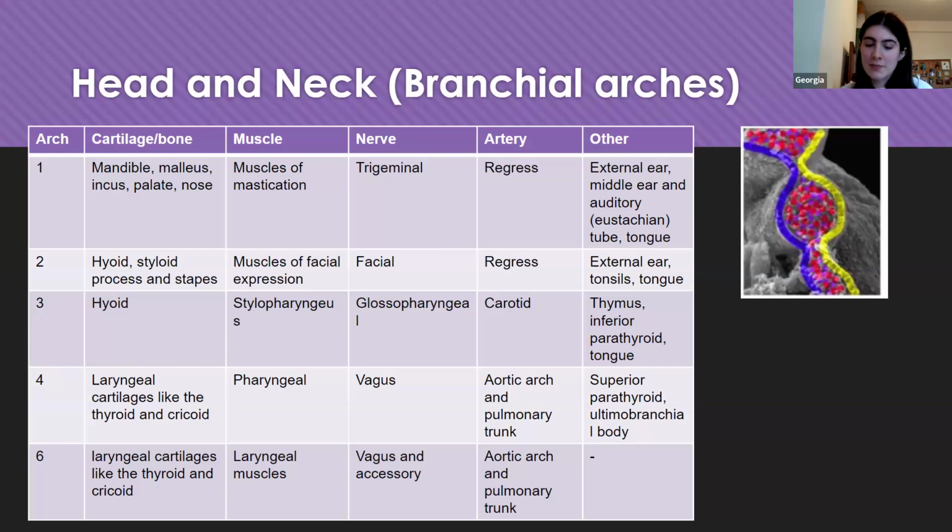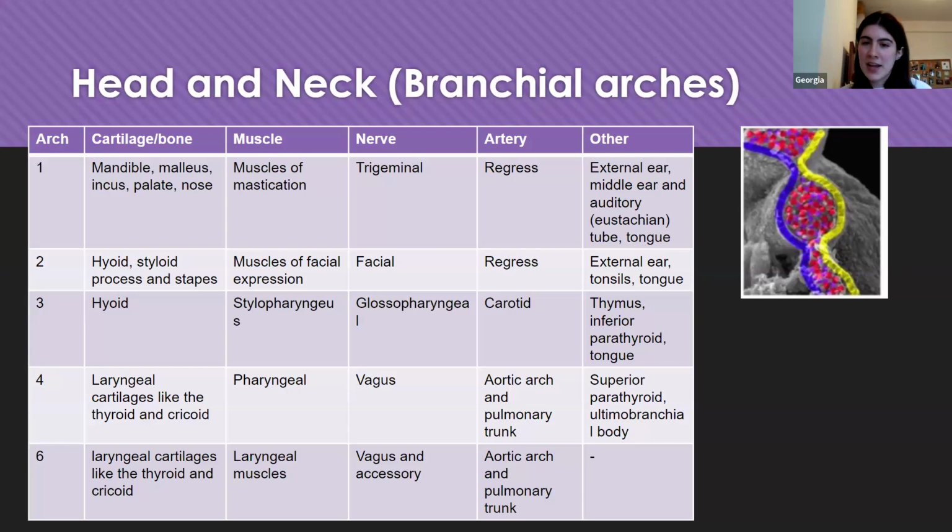Each arch gives rise to a number of structures, which includes a rod of cartilage, muscle, nerve, and artery, but the exact structures do depend on the arch. Now, it's important to note that this cartilage that can become bone, if you remember, is neural crest cell derived because the bones of the face are from neural crest cells, which is unlike anywhere else in the body where they are mesodermal in nature.